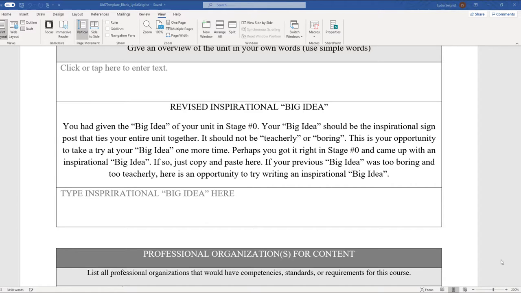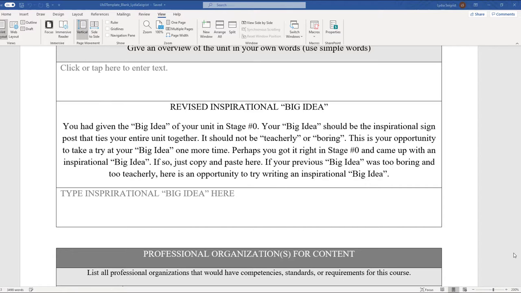And then the main primary focus of stage 1 of UBD is the big idea. The big idea is the hook of the entire unit. It's going to be something that you write in 1 to 2 sentences, and it's almost the entire unit objective.